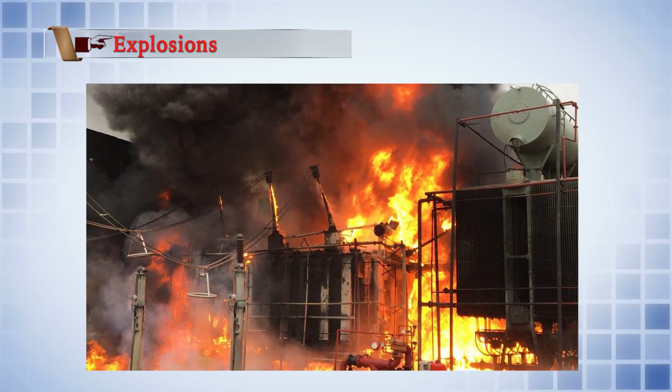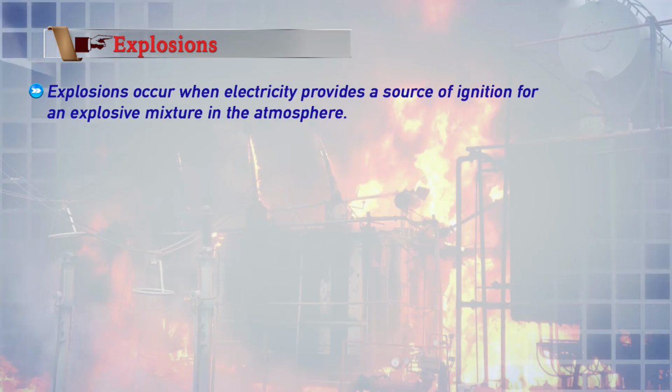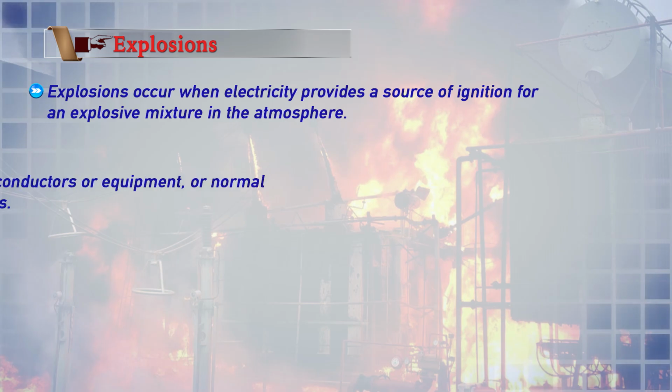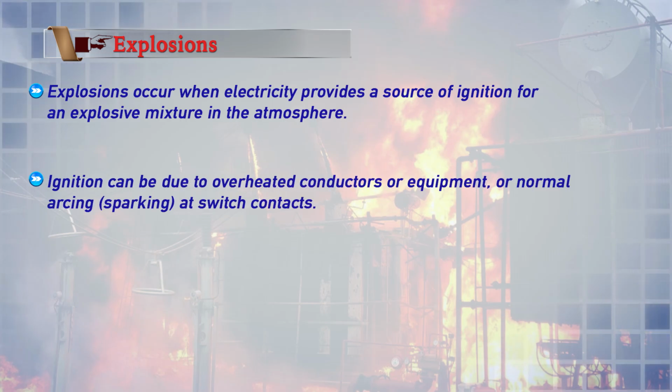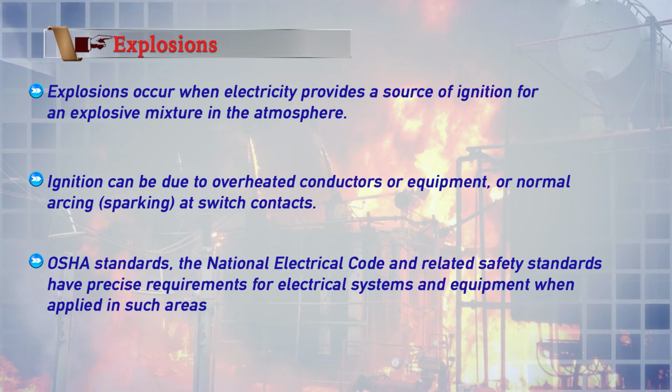Next is explosions. Explosions occur when electricity provides a source of ignition for an explosive mixture in the atmosphere. Ignition can be due to an overheated conductor or equipment, or normal arcing, that is, sparking at switch contacts. OSHA standards, the National Electrical Code and related safety standards have precise requirements for electrical systems and equipment when applied in such areas.